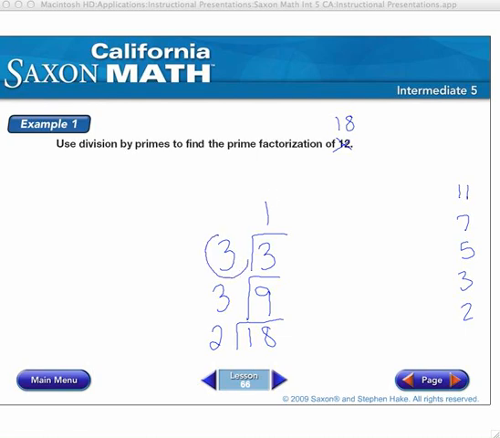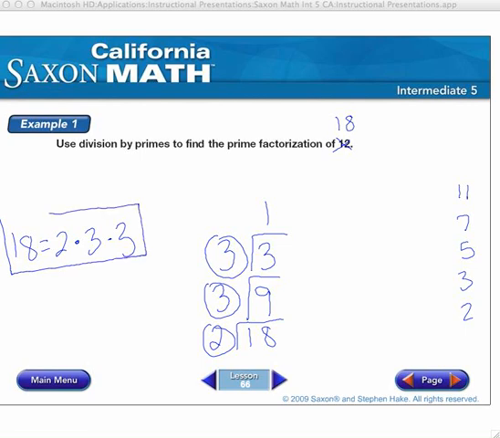Here I have 3, 3, and 2. So 18 equals 2 times 3 times 3. I can check my work. If I multiply this together, 2 times 3 is 6. 6 times 3 is 18. So I've checked my work, and it equals what I'm looking for.